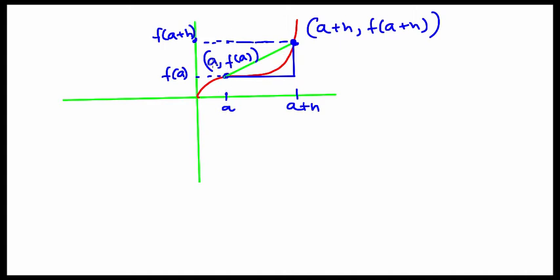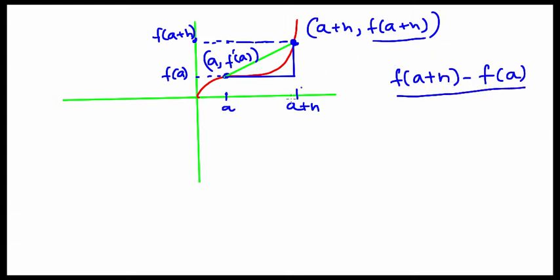So we have these two points. Think of them as x1, y1 and x2, y2. We take y2 minus y1. So y2 is f of a plus h, minus y1, which is f of a, and divide that by x2 minus x1. x2 is a plus h, and minus x1, which is just a.